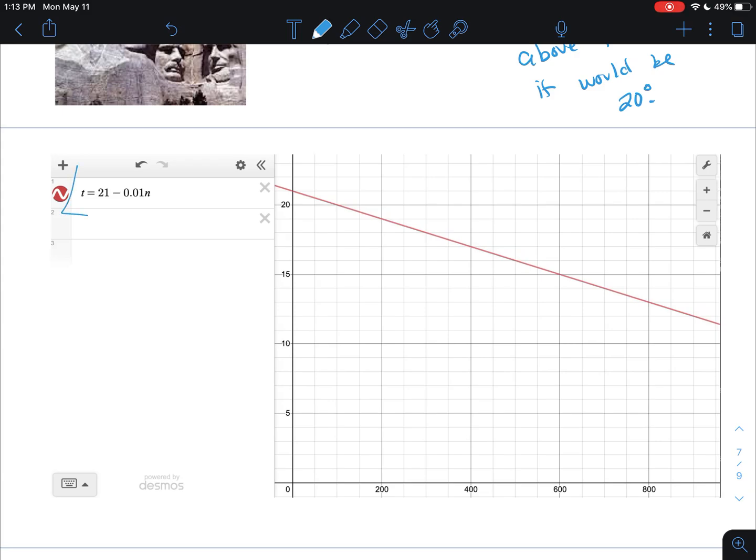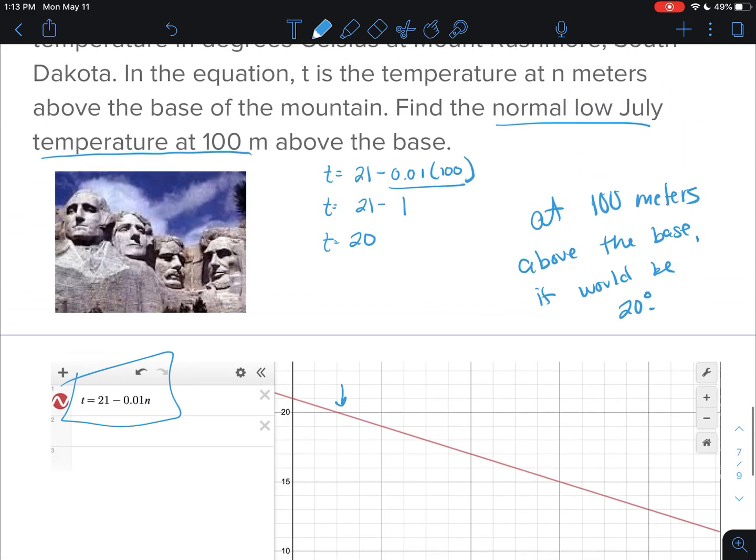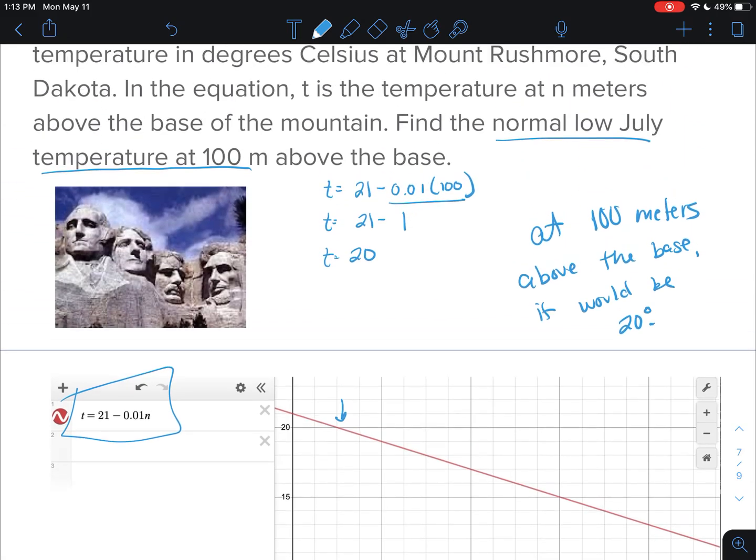I graphed the equation from this problem, T equals 21 minus 0.01N. This red line is the graph that represents that equation. That line is every single solution that this equation represents.